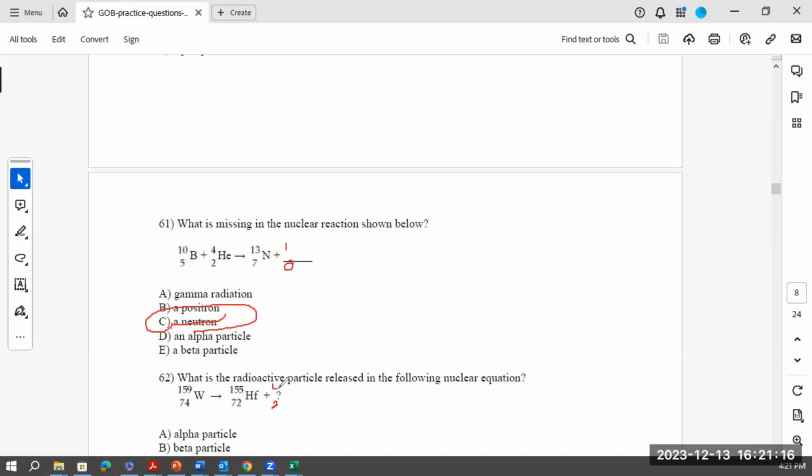A 4. What did we see earlier that had 4 up top and 2 on the bottom? It's the alpha particle. That's right. Or we'll also say He, right? So you would say alpha particle. That is correct. So helium.